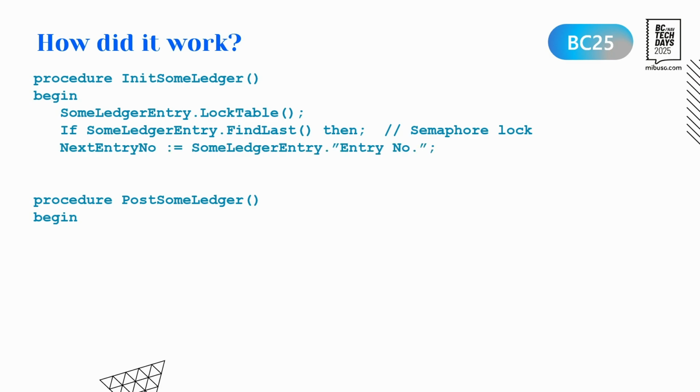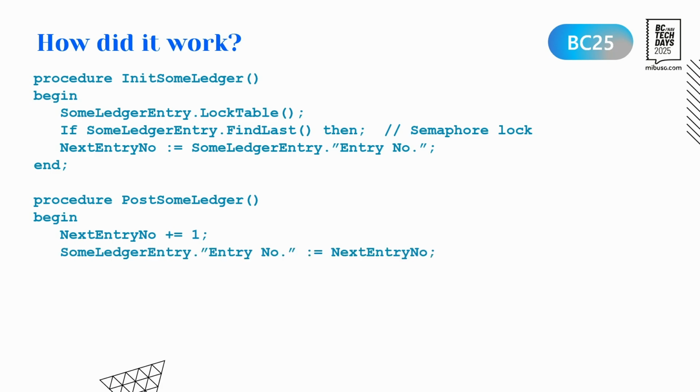We save the entry number, which is a global variable, and that's it, right? And then at some point later, when we want to insert some ledger entries, we increment the entry number counter, assign it to the entry number, do stuff and insert.